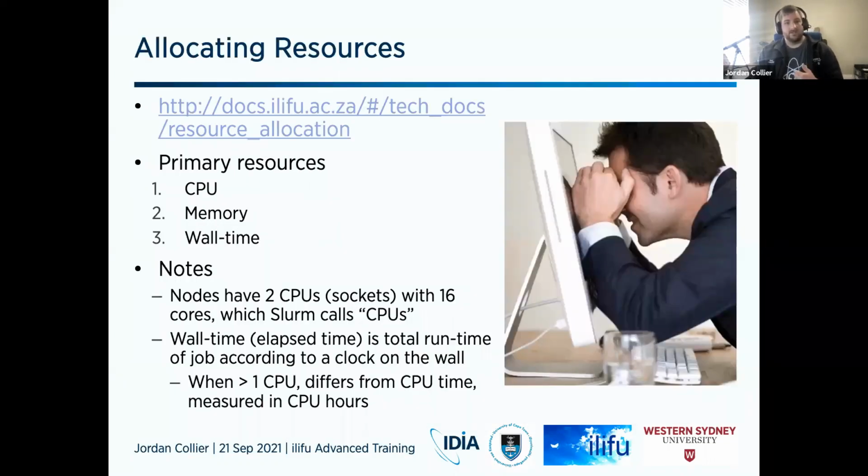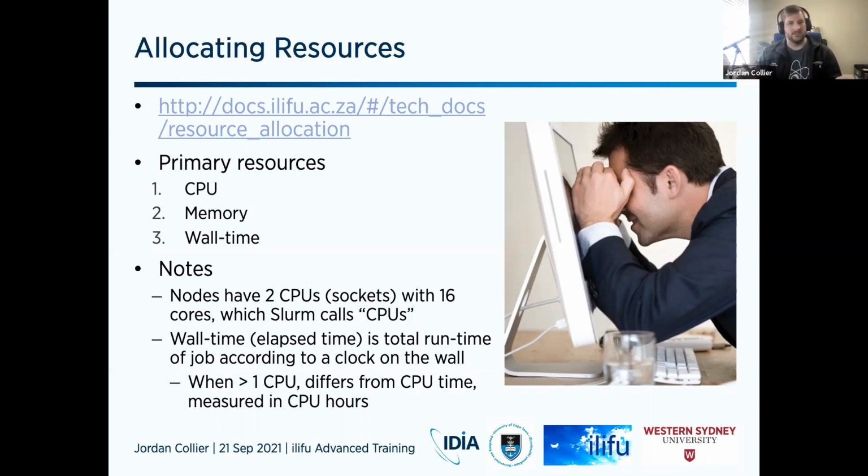So that brings me to how to allocate resources. And when doing so, you need to consider the 3 primary resources, which is CPU, memory, and wall time. Just a quick aside, the majority of our nodes on ilifu have 2 CPUs or sockets, each with 16 cores, but Slurm generally calls these all CPUs, not cores.